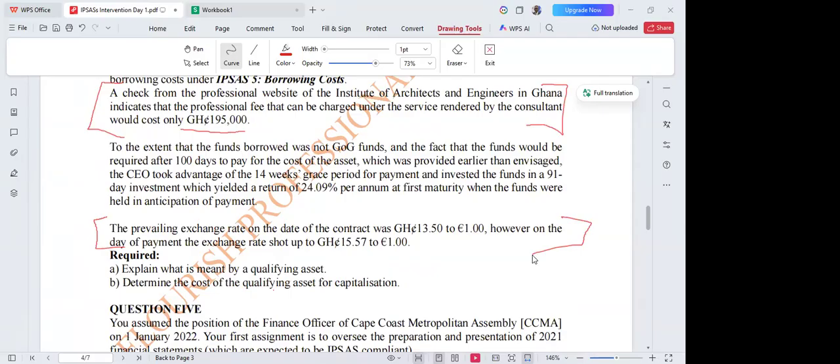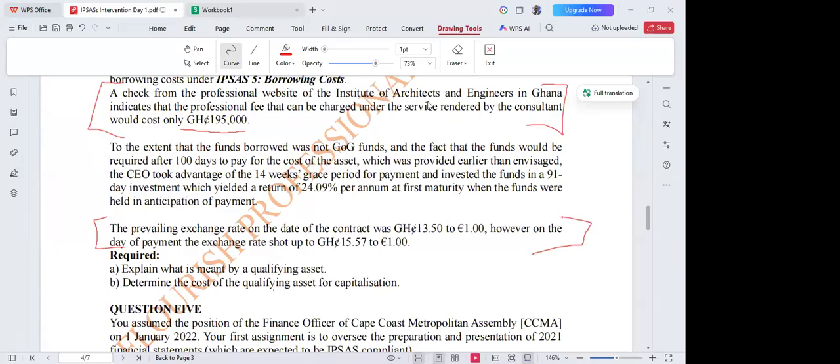Yeah, let me see. Big man, go ahead. Big man, which one should we use? So please, we use the closing rate, that is 15.57 cedis to €1. Why that one? I disagree.